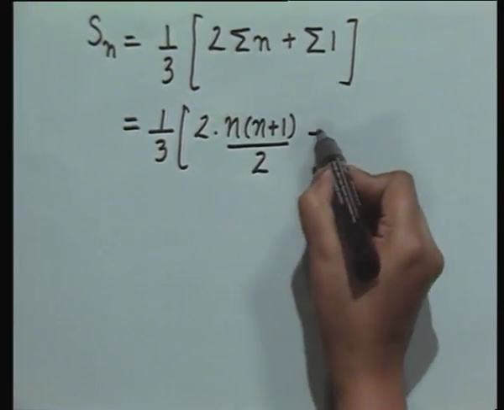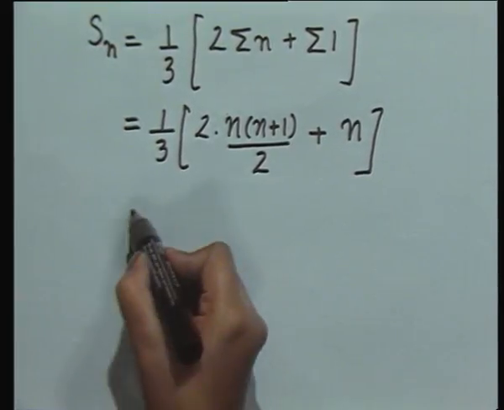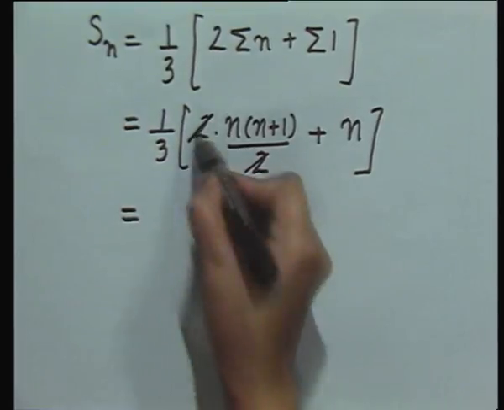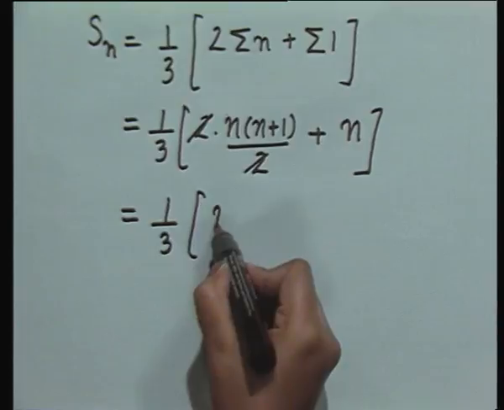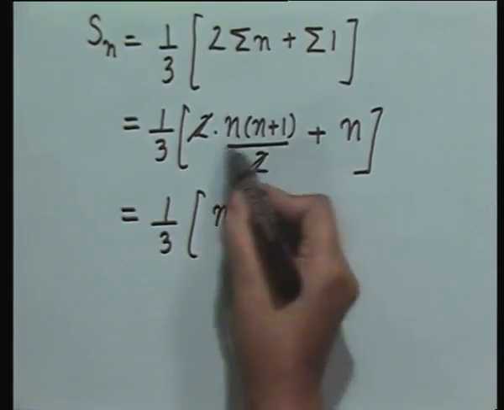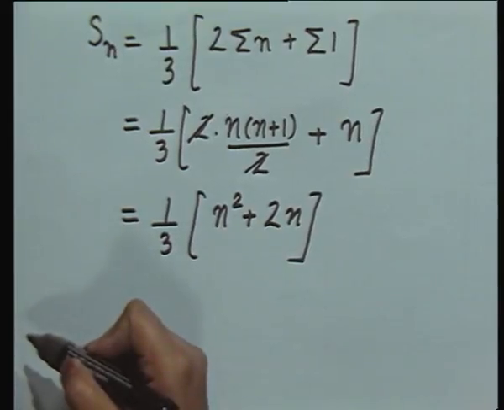Sigma 1 is 1 added n times, so it's clearly only n. Simply 2 gets cancelled, you are left with 1 by 3 into n square plus n plus n, so you get n square plus 2n by 3 as the sum of the series, which definitely looks quite threatening, but not anymore, I assure.